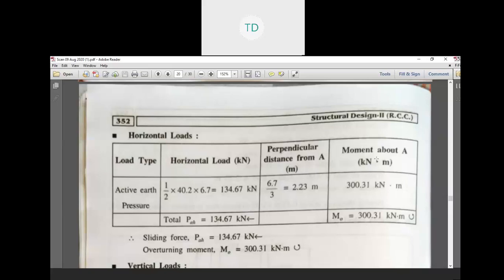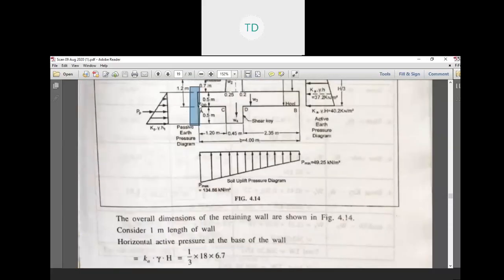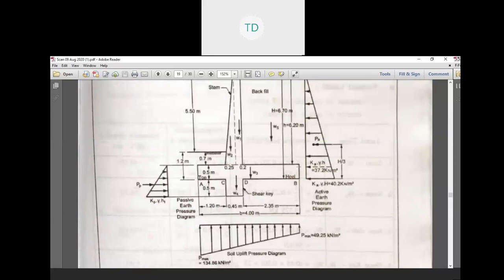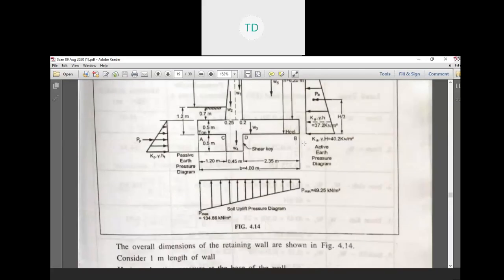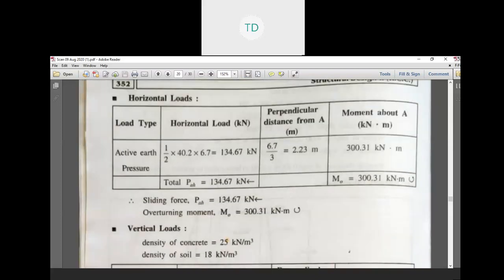Taking the final moment about point A, we get load into perpendicular distance. The load we have calculated, and the perpendicular distance h by 3 we calculated, multiplied: 134.67 into 2.23, we get 300.31 kilonewton meter.